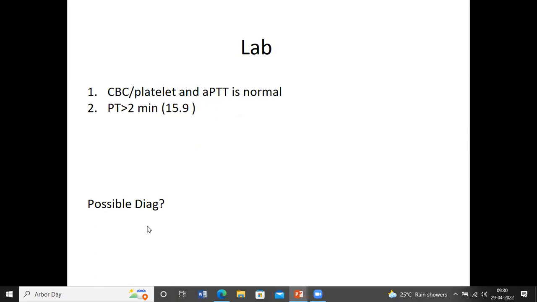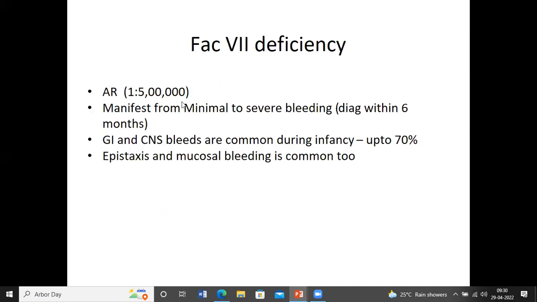So what is the possible diagnosis? As we discussed in the previous slides, PT is involved with the extrinsic pathway, and therefore this child has a factor 7 deficiency. Factor 7 deficiency is an autosomal recessive condition, and it can manifest from minimal to severe bleeding, and the diagnosis is usually made within the first 6 months if tested properly.